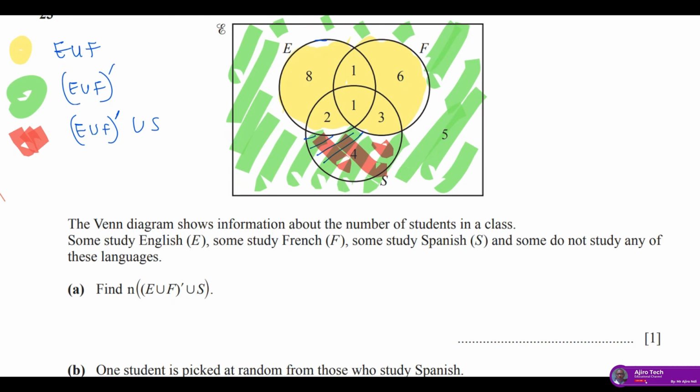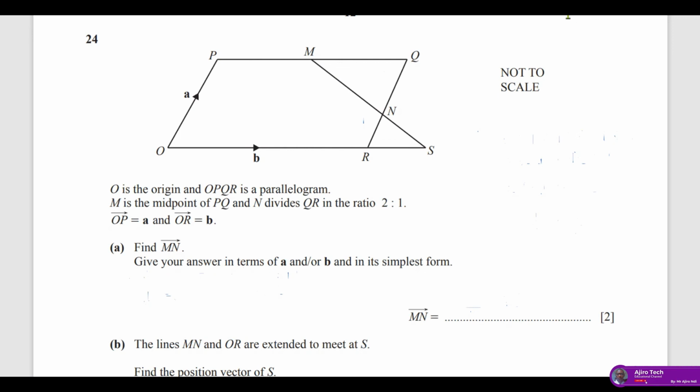Now, this just simply means E union F, since I know that I'm looking for MN. First of all, let me find PM.